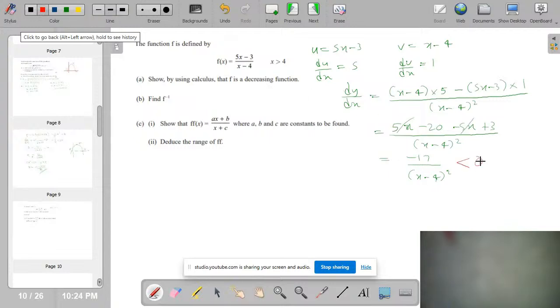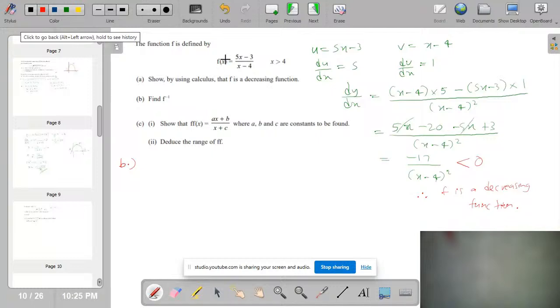So you can tell that dy by dx is less than 0, or f dash x is less than 0, therefore it's a decreasing function. That is how we show it, right? If dy by dx becomes positive, it is an increasing function. Negative, decreasing function. Now the inverse function. So that's quite obvious, a simple one.